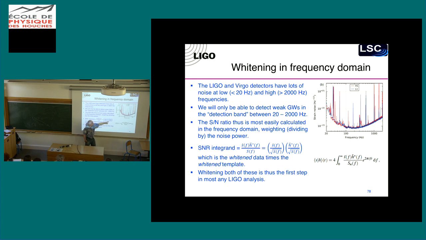This is what we call the whitened template. This is the whitened data, and what we're doing is multiplying together the whitened data and the whitened template, and inverse Fourier transforming. Okay, and whitening allows you to visualize the signals much better, and it's really what goes into measuring the significance of a signal inside of noisy data.